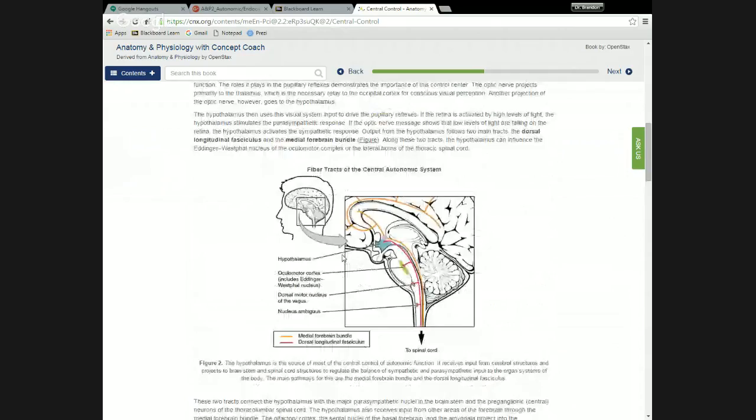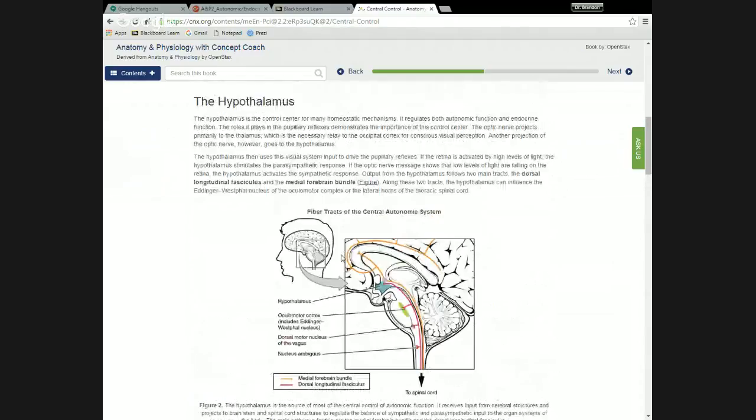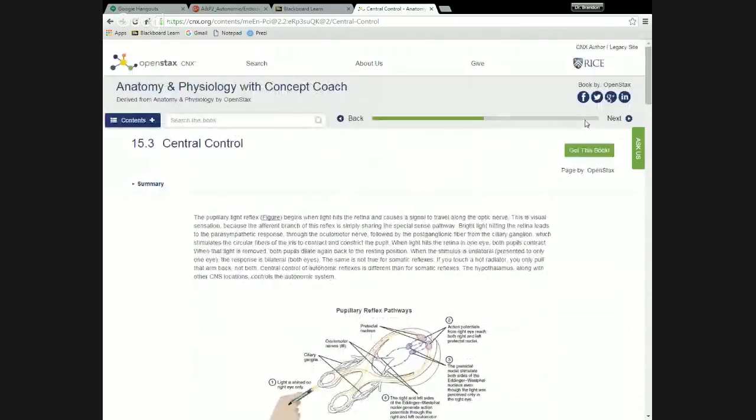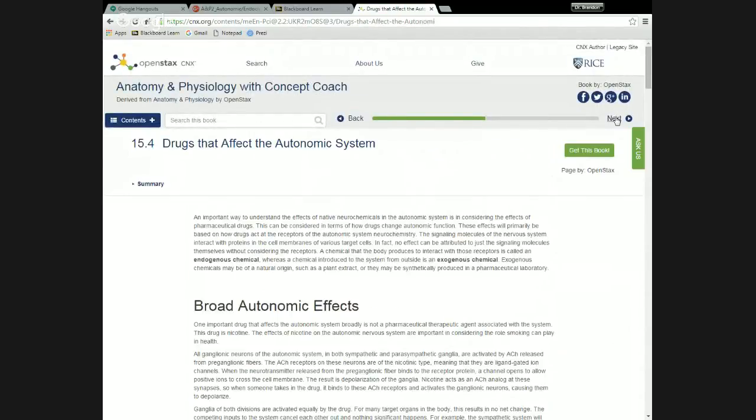And it goes into some things that are important in the central nervous system. I'm actually not going to talk about this too much here, but I do want to point out that the hypothalamus is really important in autonomic function because when we get to the endocrine system, it's also very important there. The hypothalamus is sort of the master control center for homeostatic mechanisms, which it can do either through autonomic or endocrine control. And there are a few other things that play a role.